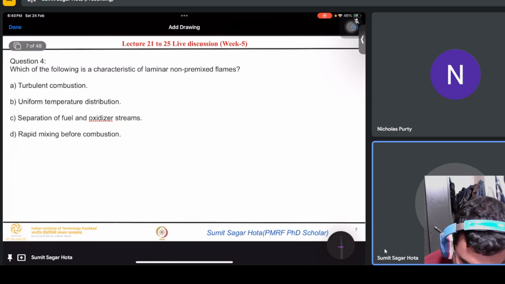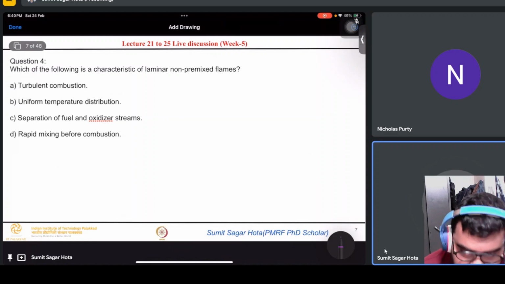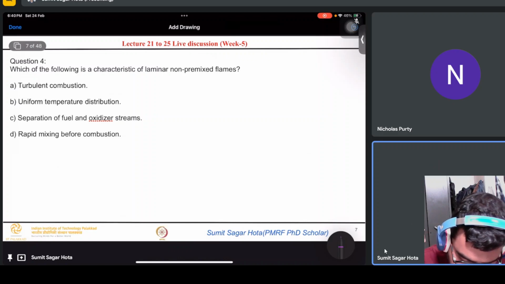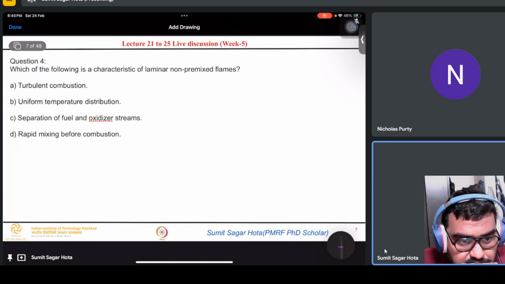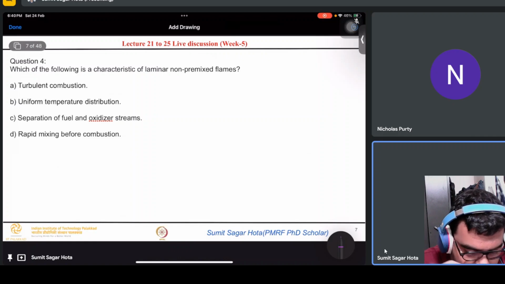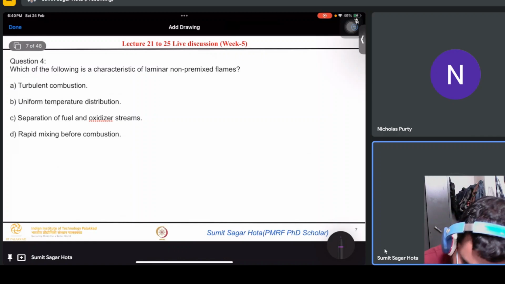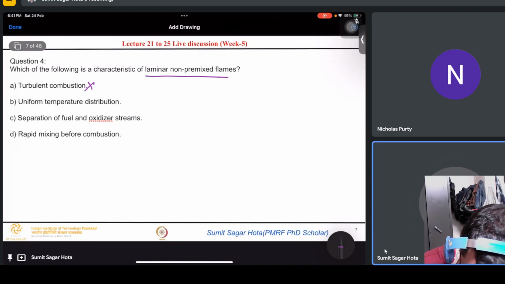Which of the following is a characteristic of laminar non-premixed flames? Turbulent combustion cannot be an option, since it is laminar.